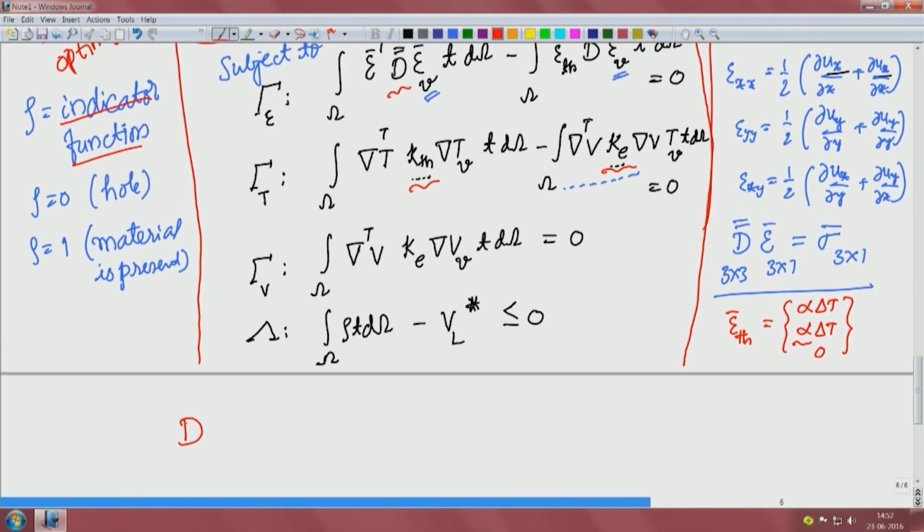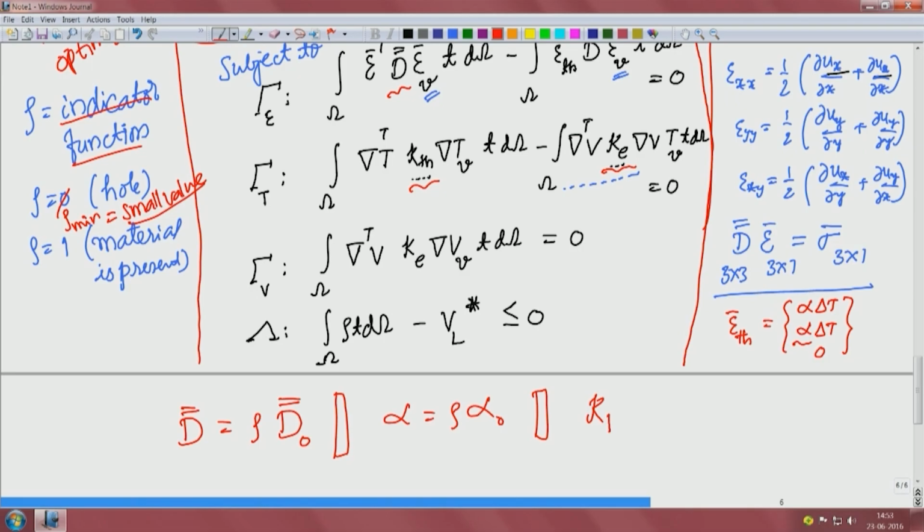If I take the stress strain matrix, I will take the base material matrix as D0 multiplied by rho.